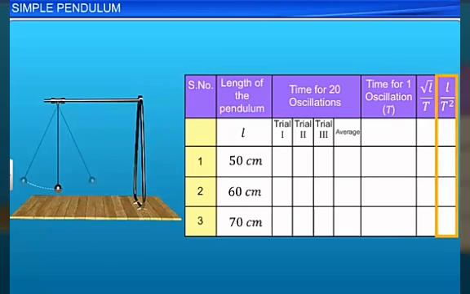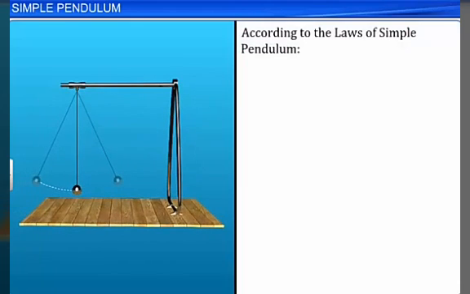Thus, based on the laws of the simple pendulum and experimental results, the time period of a simple pendulum is given as T is equal to 2 pi into square root of L by g. Let this be equation 2.